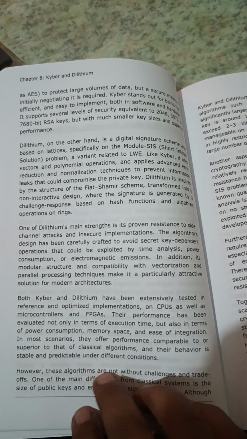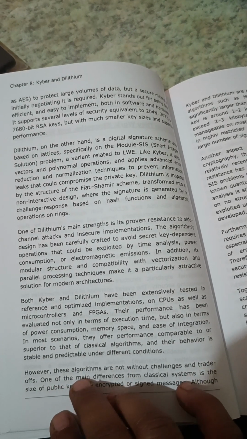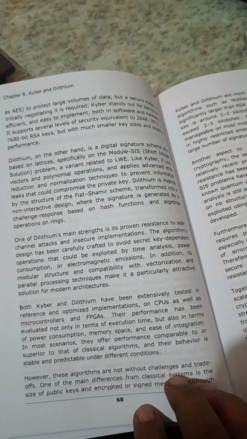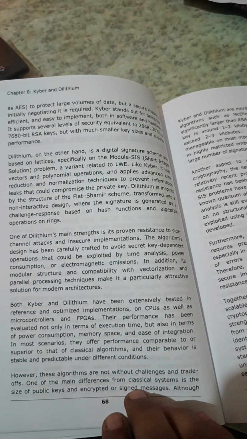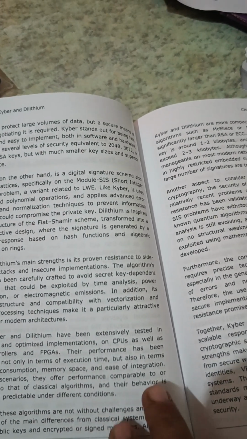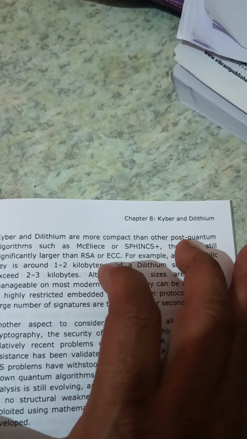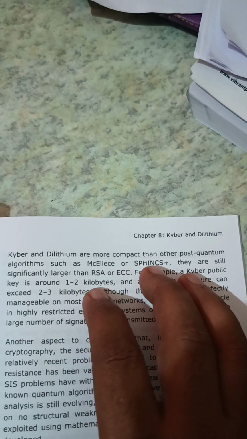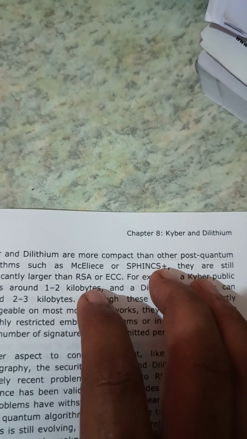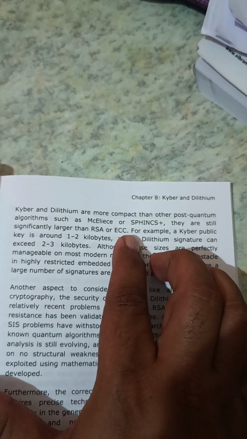However, these algorithms are not without challenges and trade-offs. One of the main differences from classical systems is the size of public keys and of encrypted or signed messages. Although Kyber and Dilithium are more compact than other post-quantum algorithms such as FALCON or SPHINCS+, they are still significantly larger than RSA and ECC.